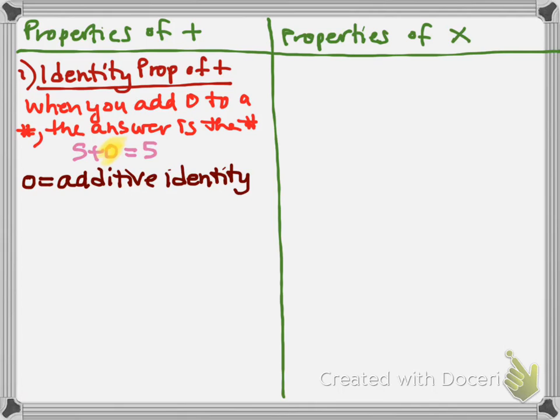It calls the property the additive identity property, but that's not its name. It is the identity property of addition, but 0 has a special role. He's the additive identity. So you guys see, additive comes from, it's an addition property. Identity comes from the name of the property. Okay? So this is something to definitely make sure you get under your tool belt.